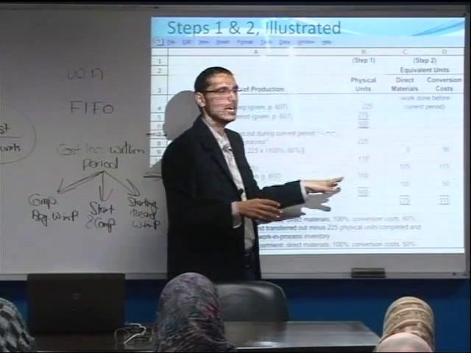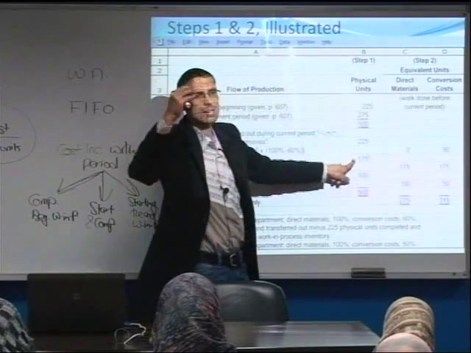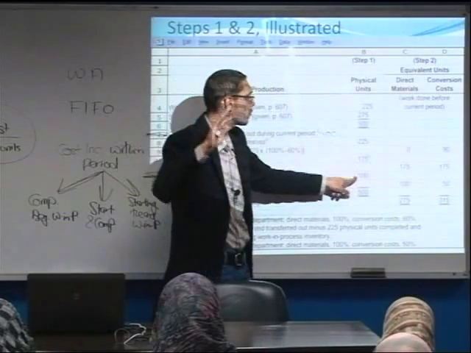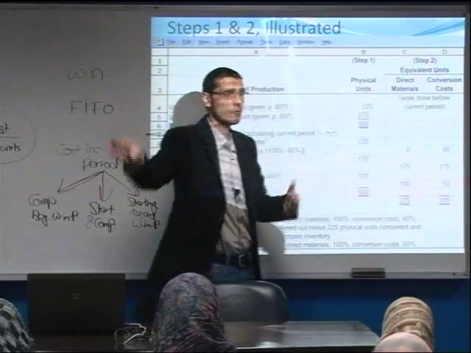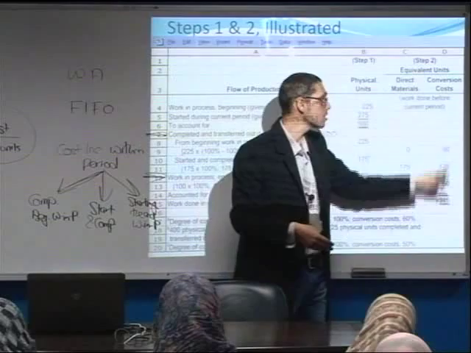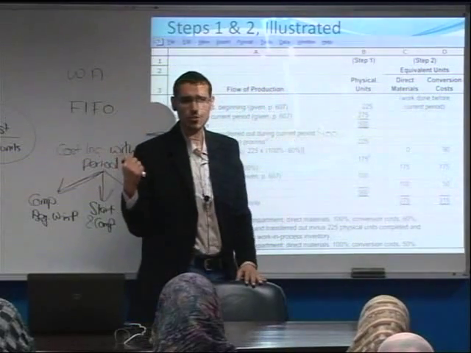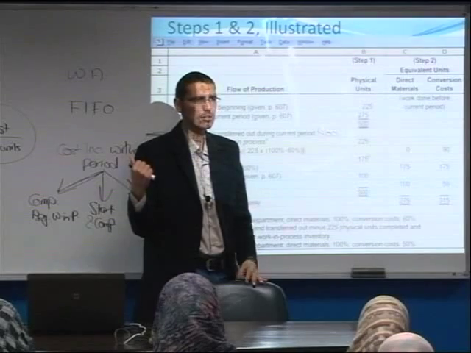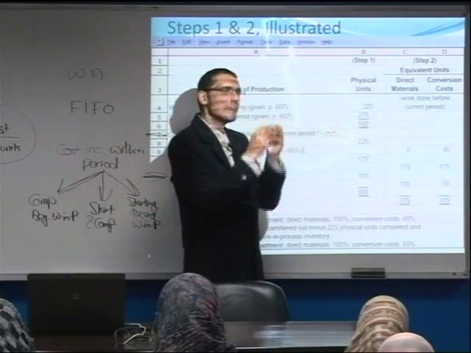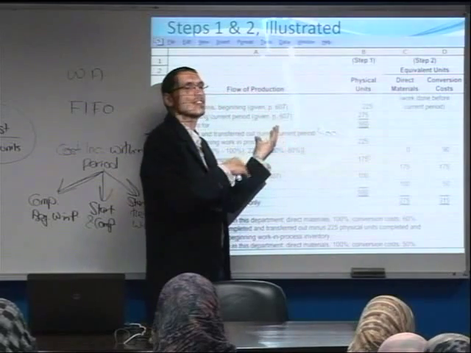So as we can see here, for the started and completed, it is the same criteria or the same calculation as before. For the 100, it is the same as before. As we can see here, 150, the 100 for the direct materials and the 50 for the conversion cost, is the same equivalent units that were calculated for the weighted average method, correct? But the difference here is that we have separated the completed and transferred out.